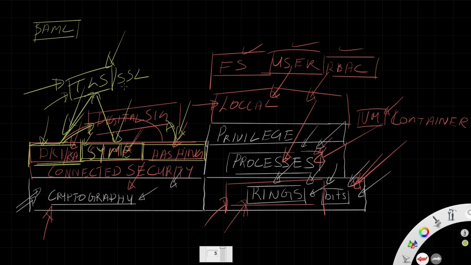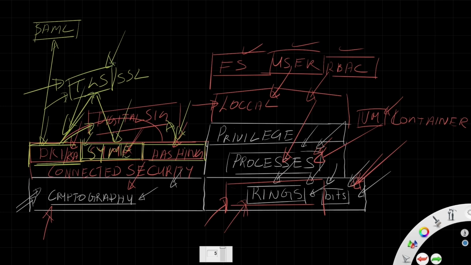For example, SAML is depending on PKI and hashing, and of course TLS, SSL as well. So for example, I will draw this arrow right here towards SAML. Let me take a different color. As usual, my diagram is getting very ugly, but we will live with it for the time being. So this arrow is not correct.